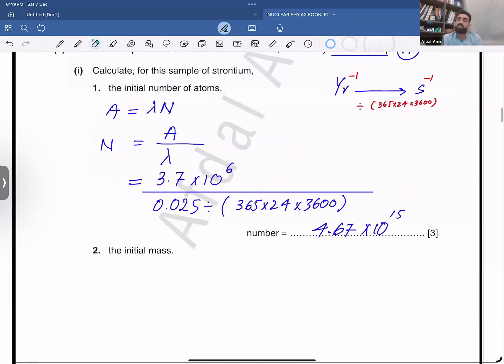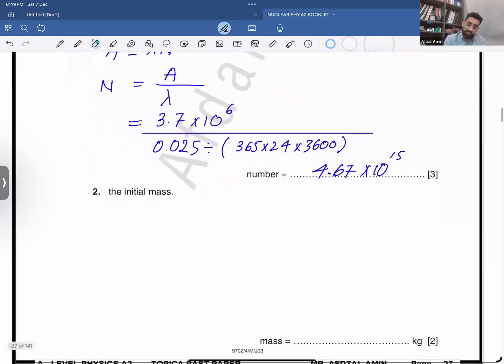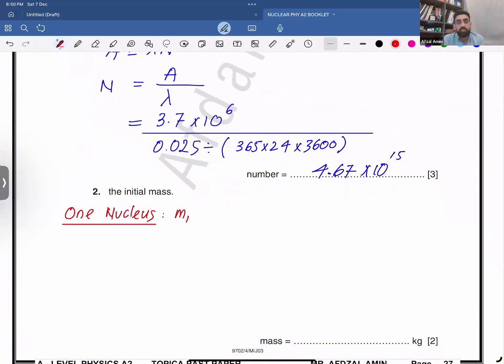Initial mass. Now the same way. We had two questions like this before. This is the third one. Initial mass. I will first find for one nucleus. Yeah? One nucleus, M1 I say, yeah?